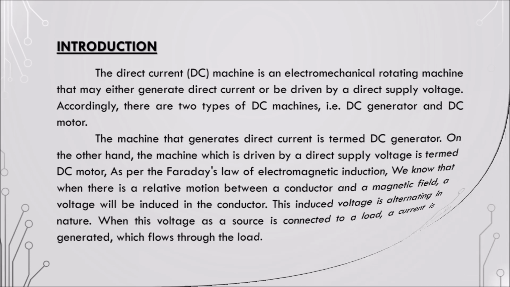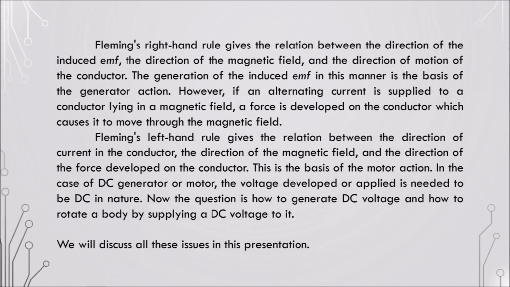Fleming's right-hand rule gives the relation between the direction of the induced EMF, the direction of the magnetic field, and the direction of motion of the conductor. The generation of induced EMF in this manner is the basis of generator action.